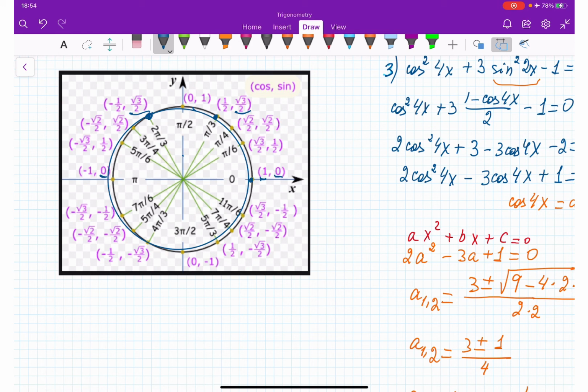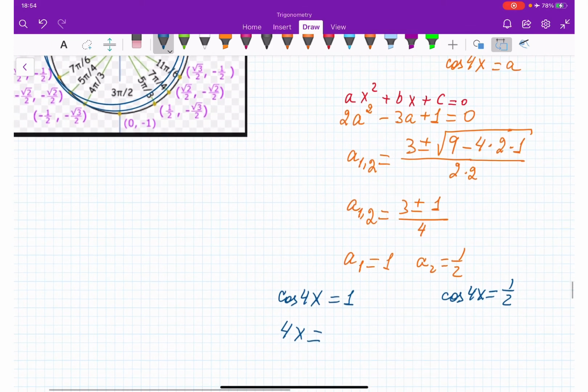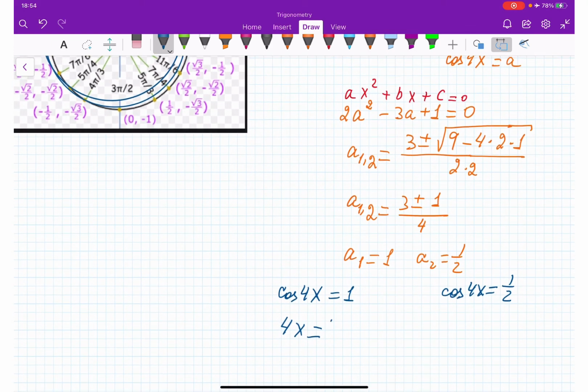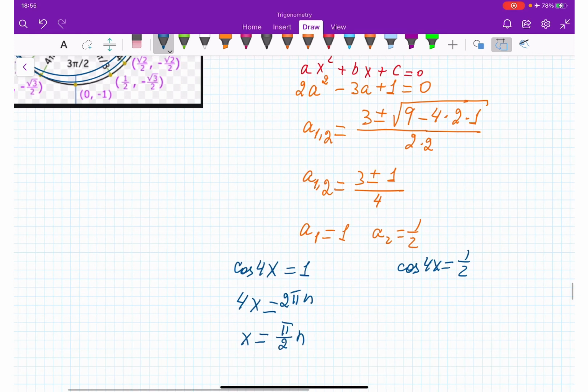And that's it, plus 360 degrees to get back to 0. Okay? So which means 4x is equal to 2 pi n. And from here, x is equal to pi over 2 n. Now let's solve for x, cosine 4x is equal to 1/2.